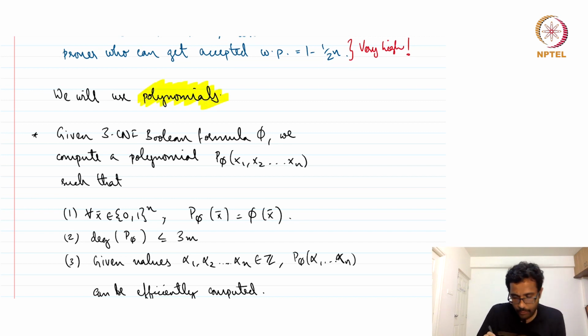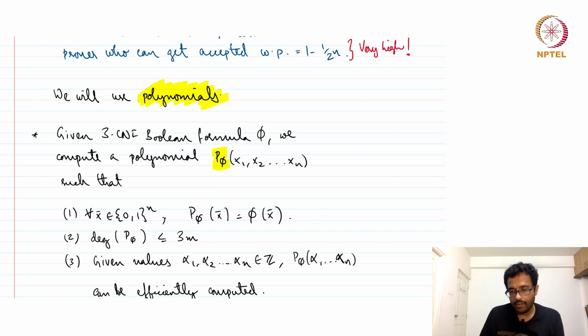So given phi, which is a Boolean formula with variables, negations, and, or etc., we will first write down a polynomial called p phi, with the property that the polynomial has n variables x1 to xn, the same as the Boolean variables.